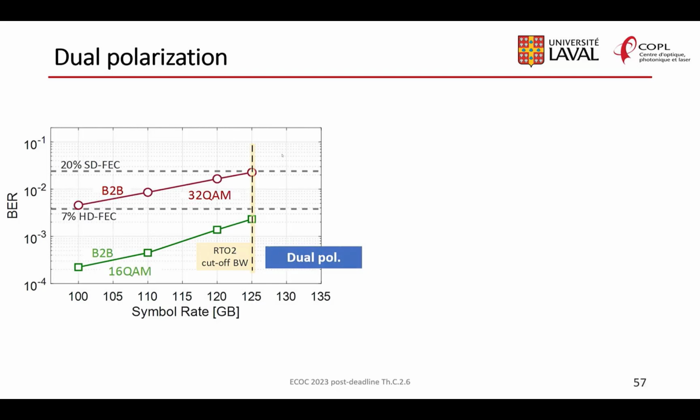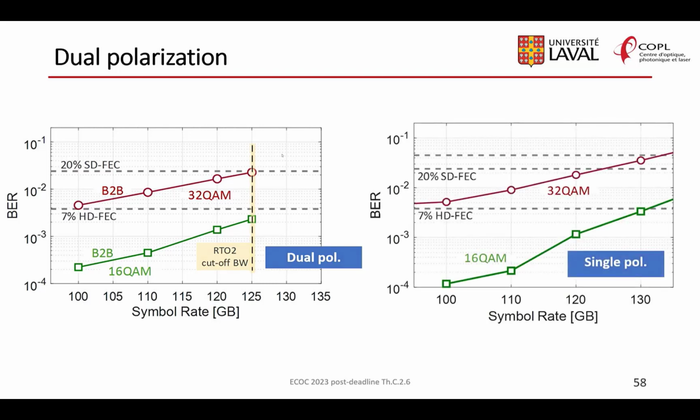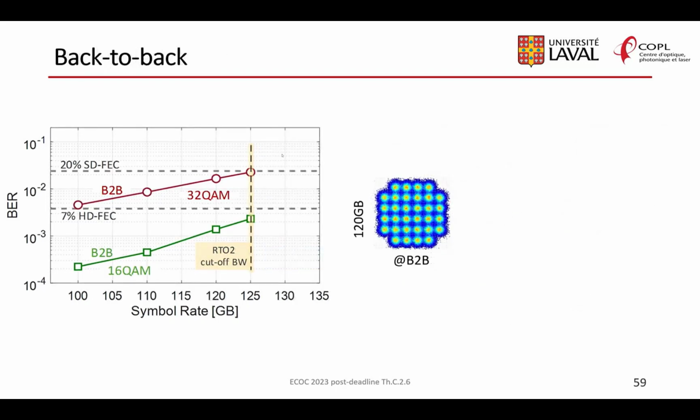But the dual polarization results also showed that we were able to stay under the 20% FEC threshold with 32 QAM transmission, which means that our symbol rate we could push just to 125, again limited by the RTO.